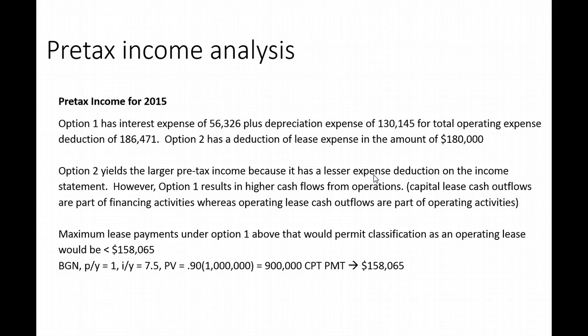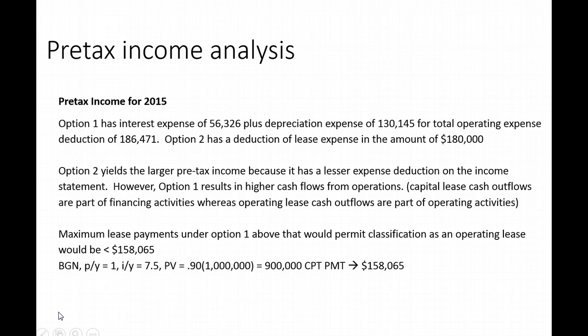So if management really wants to keep this thing off the books, make use of this off-balance sheet financing concept, clearly the $160,000 of annual payments, the present value of those will end up meeting the 90% criteria. So the question is, what's the maximum amount of lease payments by which we could avoid meeting that requirement?